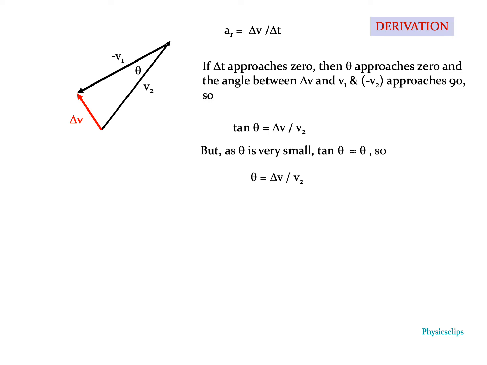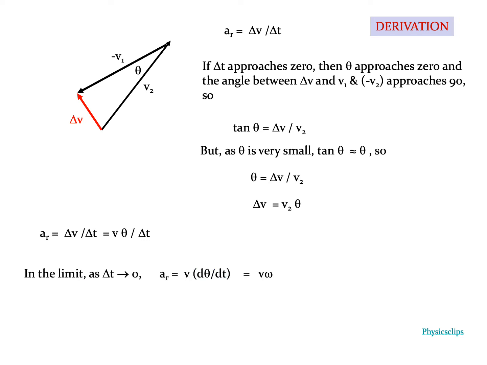And for very small angles, tan theta is approximately equal to theta. You can try this on your calculators yourselves. So tan theta equals delta v over v2 becomes theta equals delta v over v2. Let's rearrange that and we'll get delta v equals v2 times theta.